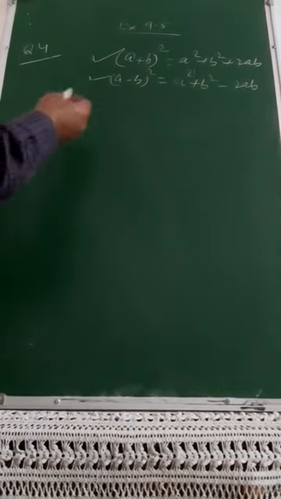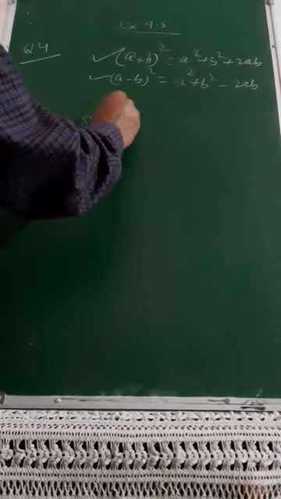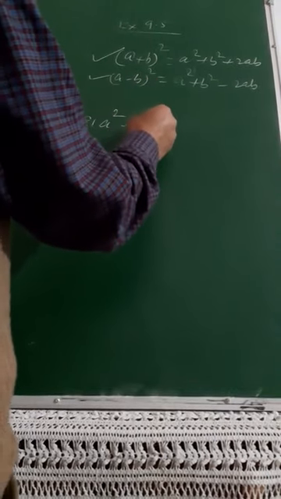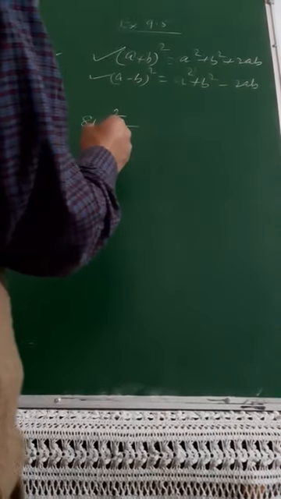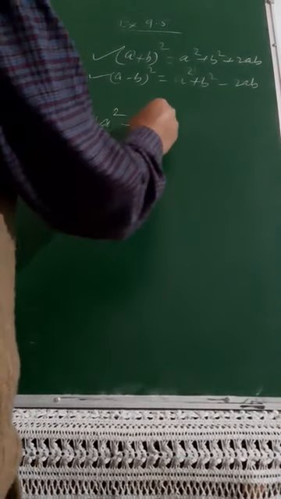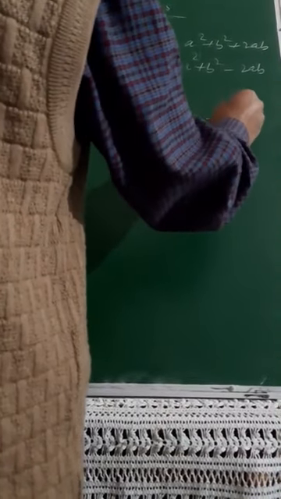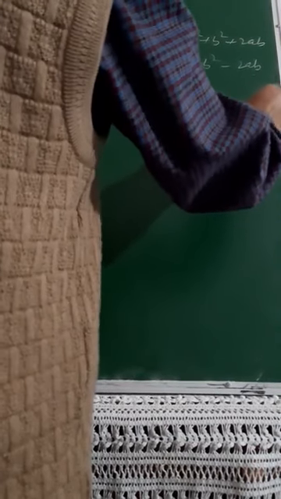First you practice 81a square minus 126ab plus 49b square.